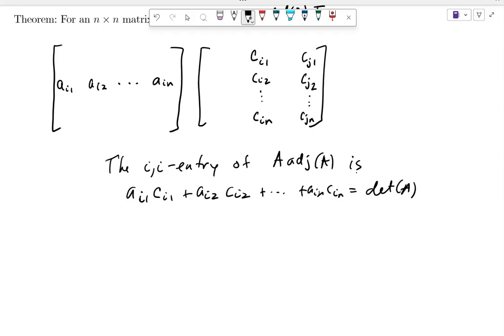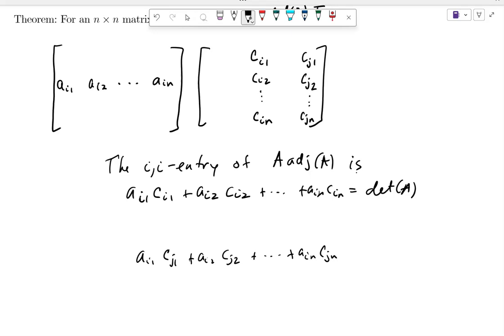That product would be a_i1 C_j1, a_i2 C_j2, out to a_in C_jn. It doesn't look like there's a lot there, right?